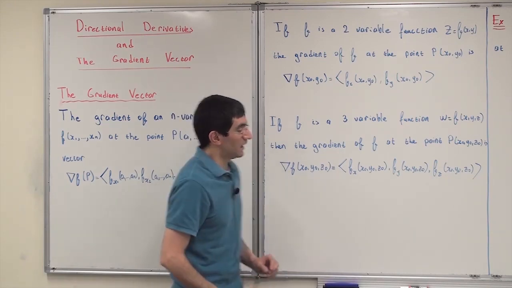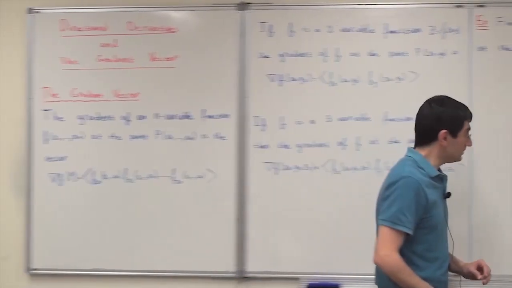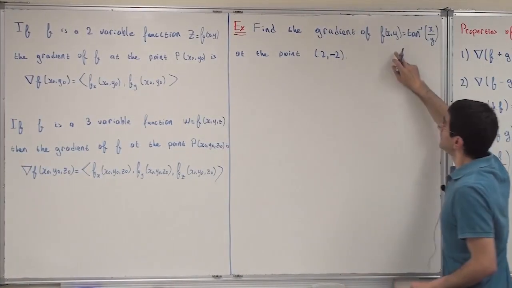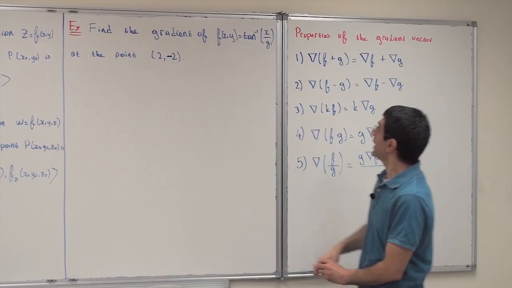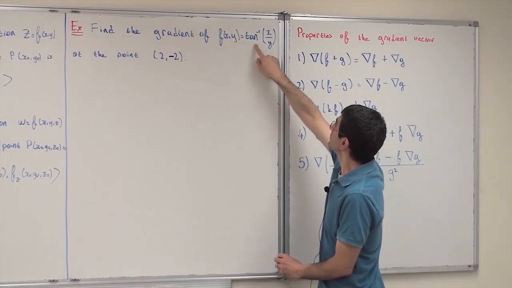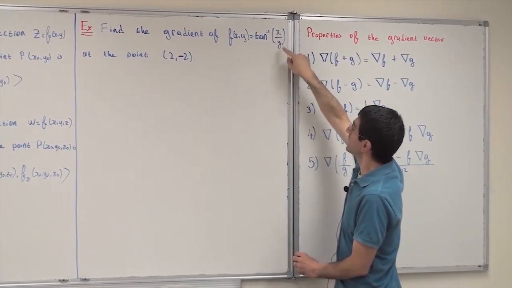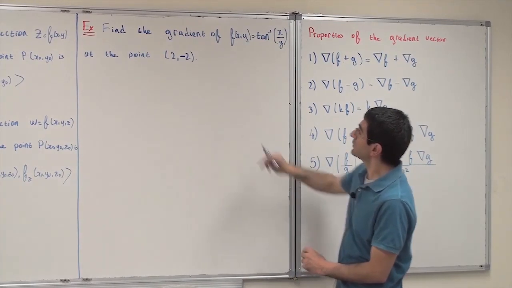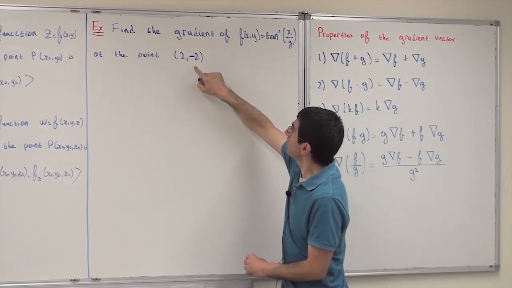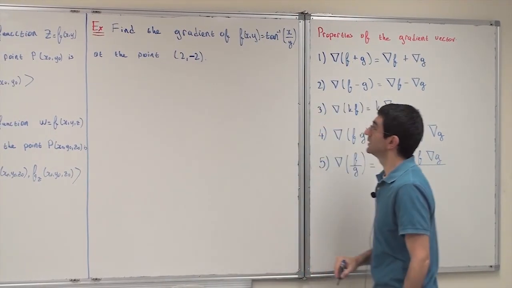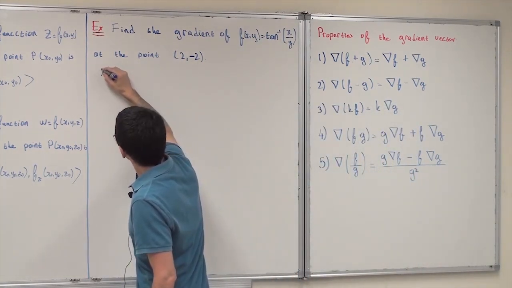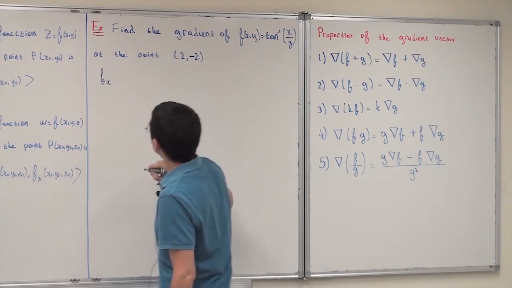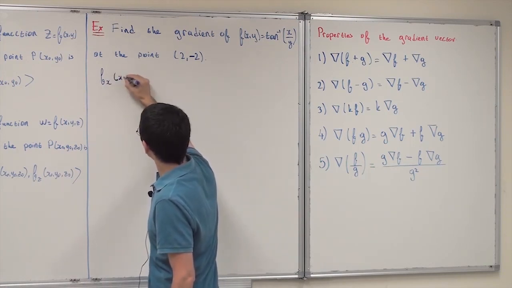Okay, so now let's see an example. Here we have a 2 variable function. Now we'd like to find the gradient of this function at the point 2, negative 2. So we first need the partial derivatives.